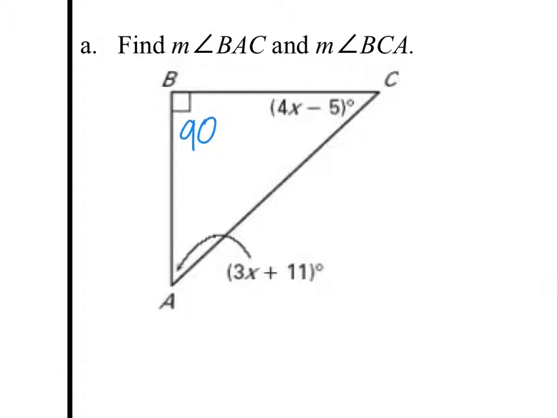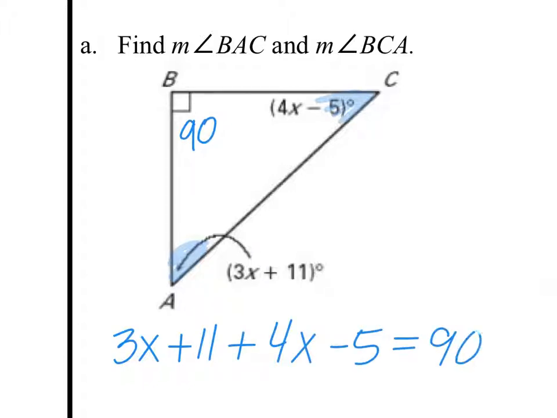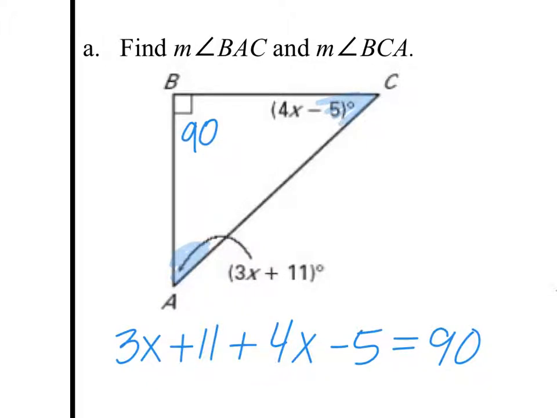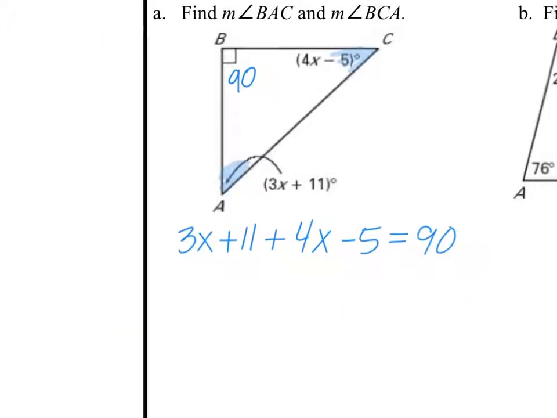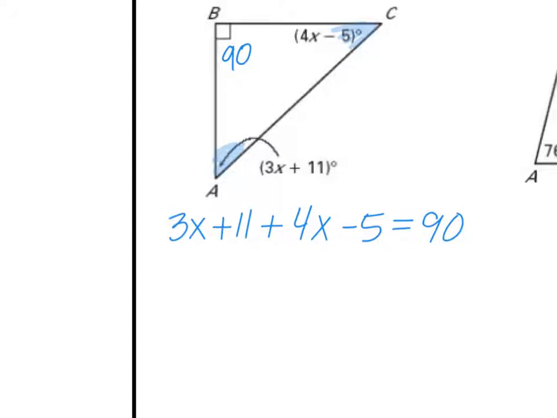Or, what do you know that these two angles are equal to because the other one's 90? 90. So we could just say that 3x plus 11 plus 4x minus 5 equals 90, because that's all that's left if you subtract the 90 away from 180.